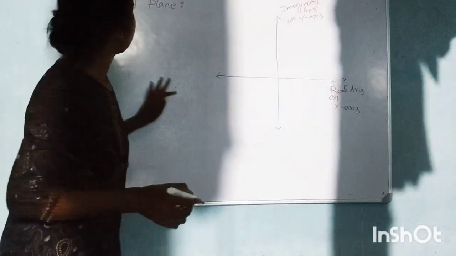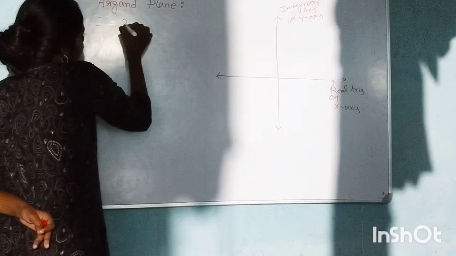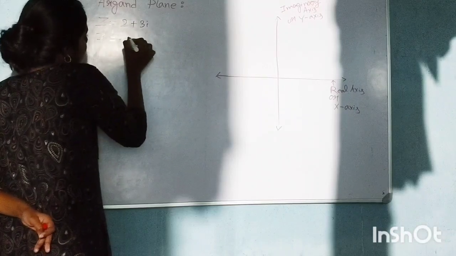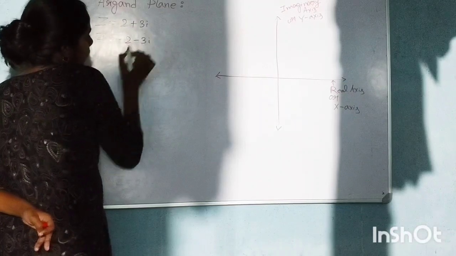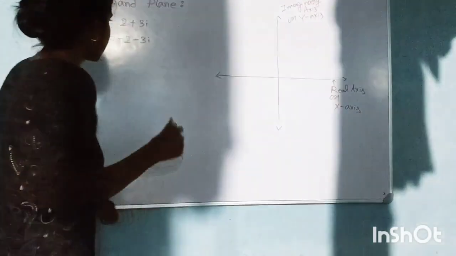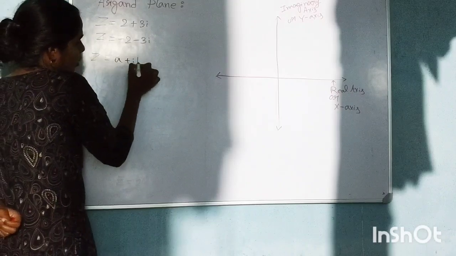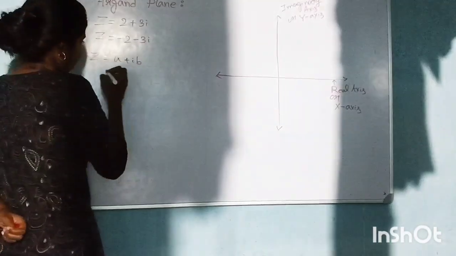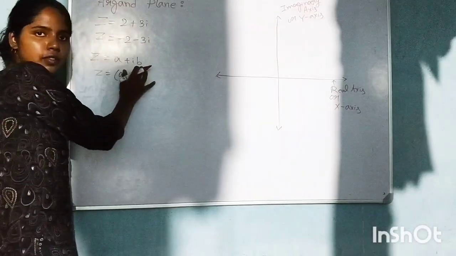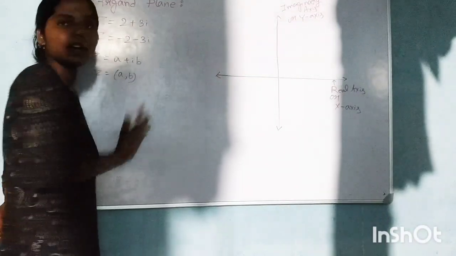Like we have a complex number z equal to 2 plus 3i, and z equal to minus 2 minus 3i. Now for every z, in general form, z equal to a plus ib. We can also write every z as z equal to a comma b. Here it is in algebraic form, here it is in point form, and a point can be represented in the Argand plane.